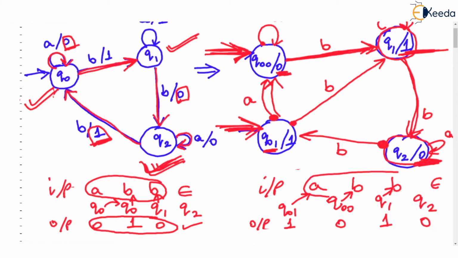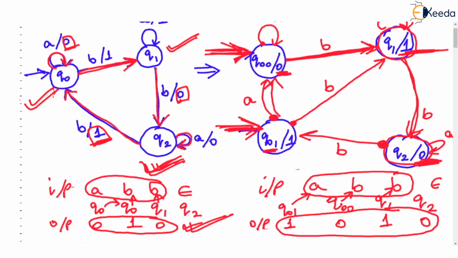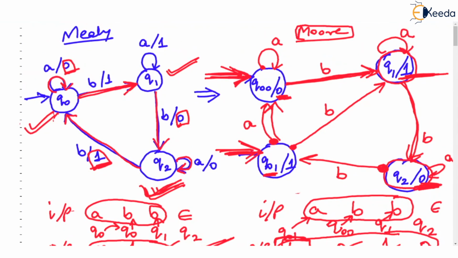So for the input ABB, the output was 1010. Observe that this is the same as the Mealy output. The last three symbols were 010, and here also we have 010. You know that the first output of the Moore machine is extraneous. So you can take any of the two states as the initial state. I hope you have understood enough how to convert a Mealy machine to a Moore machine. Thank you very much.